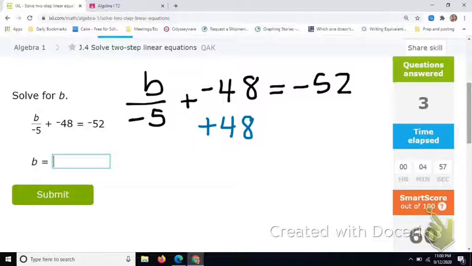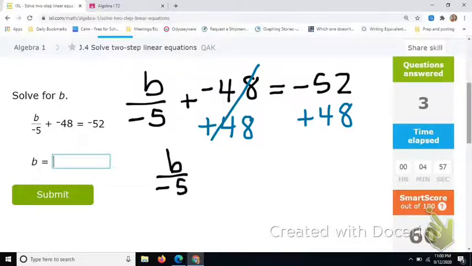So to zero pair this out, I'd have to do +48 over here. The b over -5 is just waiting to be gotten rid of. And then -52 and +48, opposite signs, subtract, bigger number wins. So that's a -4.